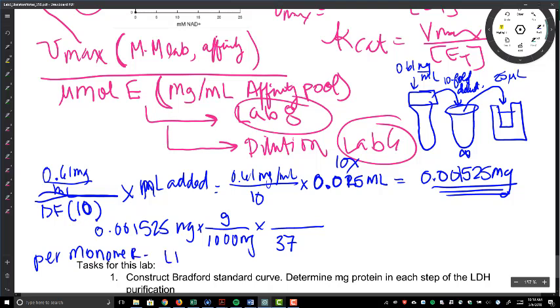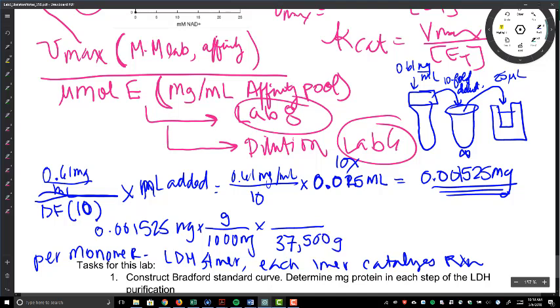So LDH is a tetramer, but each monomer catalyzes a reaction. Sorry, that's a bit of an aside. So 37,500 grams per mole. So that gives us the moles.